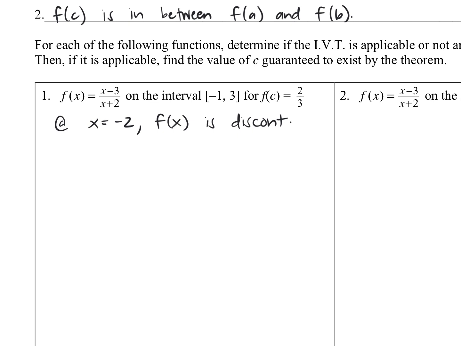Is -2 in my interval? No, right? -1 to 3 on my x's is not including -2. So the rest of the function is continuous from -1 to 3. So we would say f of x is continuous from -1 to 3.